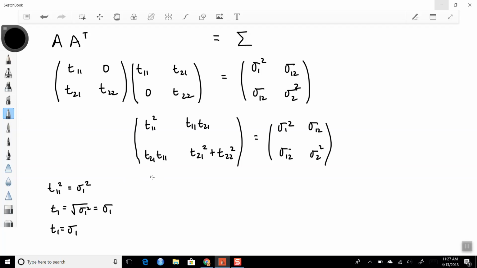And then if I use that in the next thing, then I got term 1,1 times term 2,1 is equal to sigma 1,2. So we know that term 1,1 is equal to sigma 1. So this becomes sigma 1 times term 2,1 is equal to sigma 1,2. And so this becomes this.